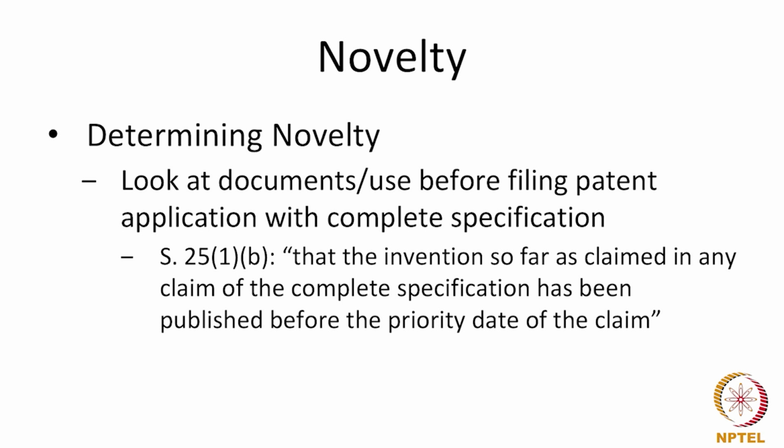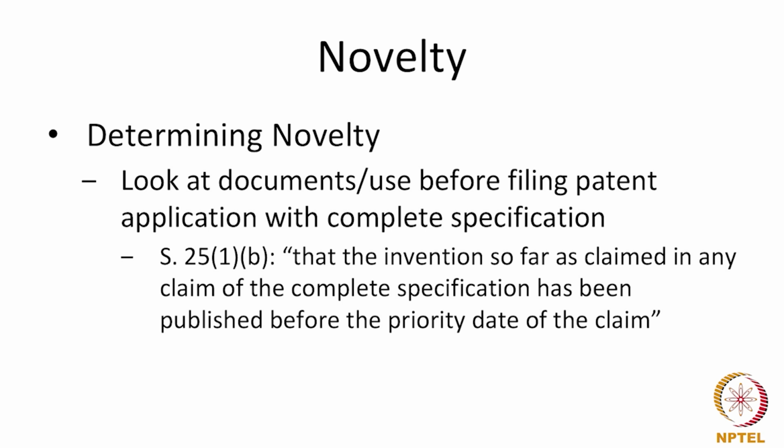Now, you may ask, why is it that we cannot look at the date of filing of the provisional application? Because provisional is done before the complete in cases where a provisional is filed. Then why is not a novelty determination done from the date of the provisional? It is difficult to make a novelty determination from the date of the provisional because the provisional does not have a claim. And if you see, all the grounds challenging novelty are attacks on the claim.